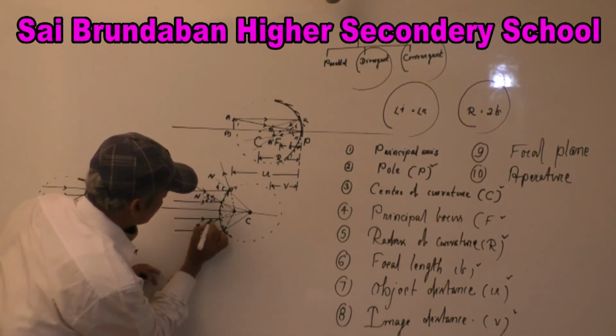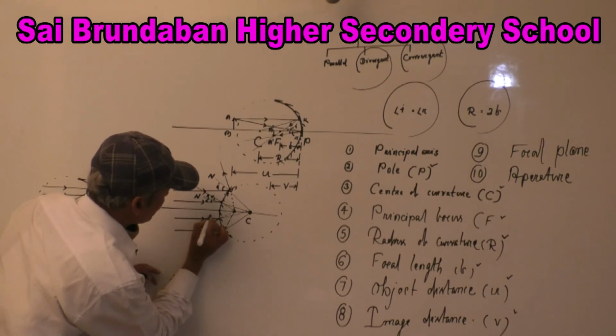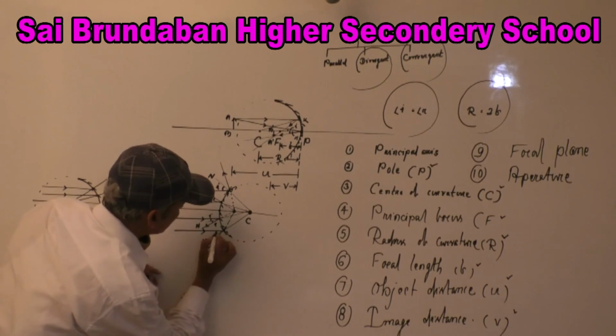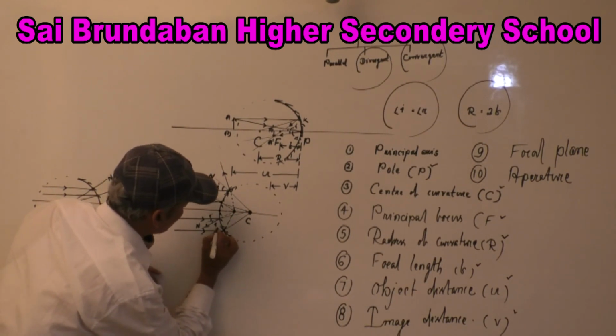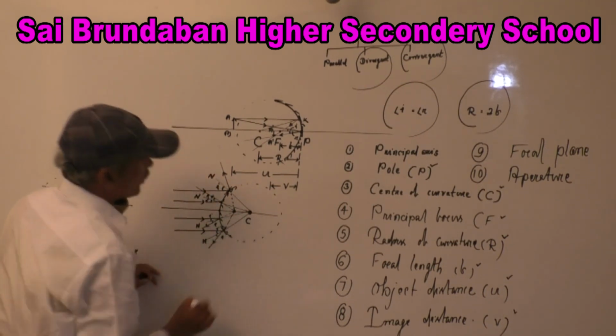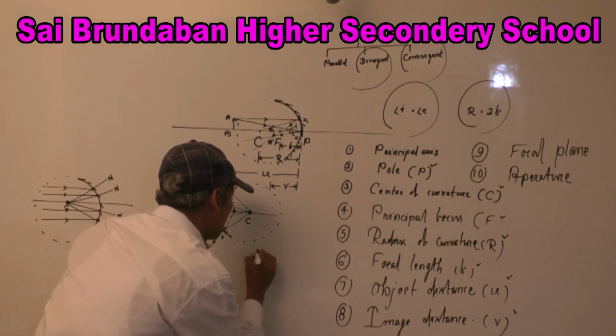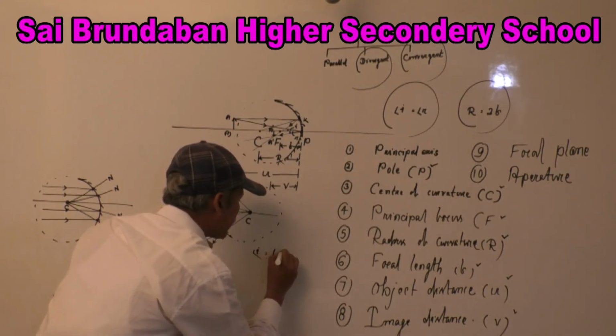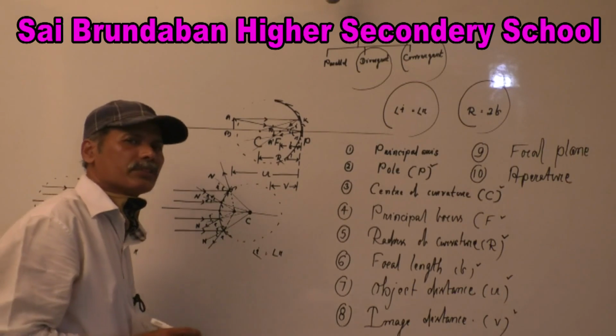This angle is I, this angle is R, this angle is I, this angle is R. Always remember, angle I is equal to angle R. This is the law of reflection.